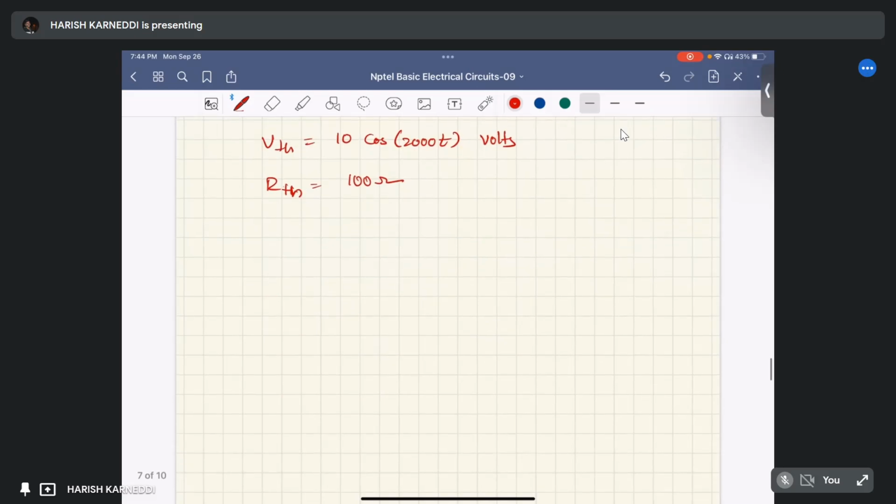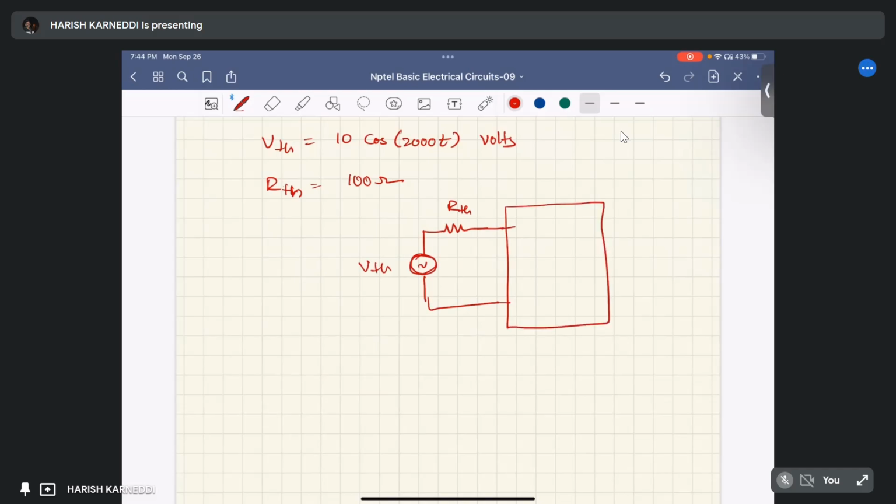We can redraw the circuit, in which there is one voltage source of magnitude VTH. VTH and RTH are connected in series, so this is the source. The source is connected to an ideal transformer. The turns ratio of the ideal transformer is 1:5.